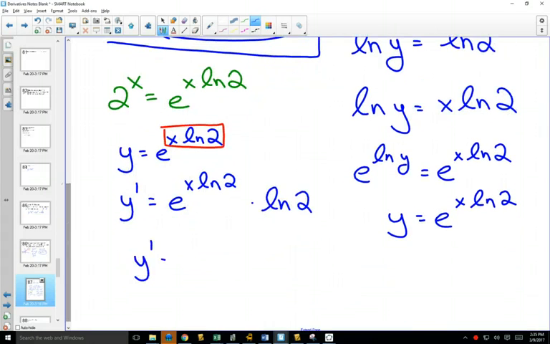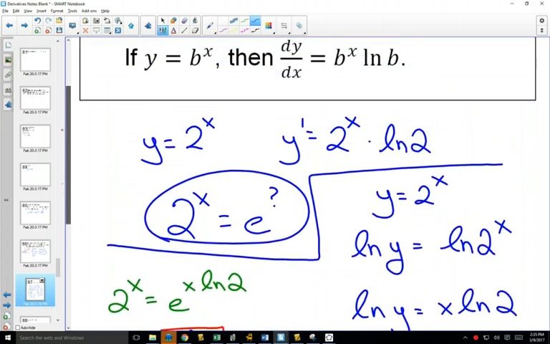So our derivative is equal to, well, remember that this whole part was just 2 to the x, written in a different way, times the natural log of 2. And that's what the general rule is.